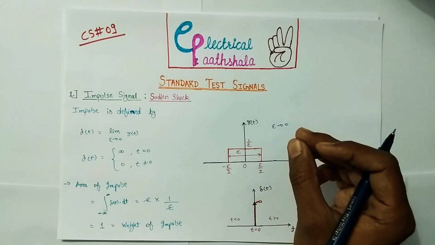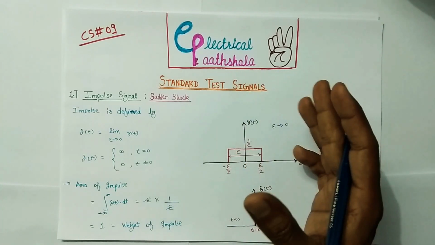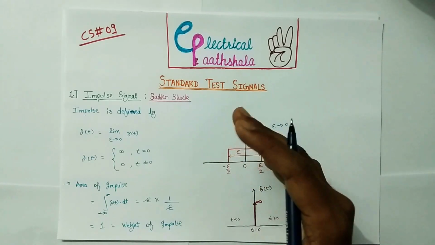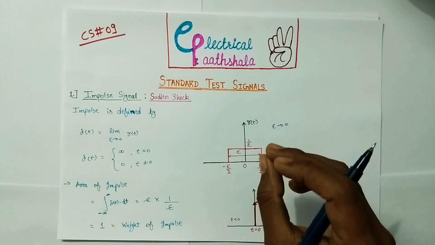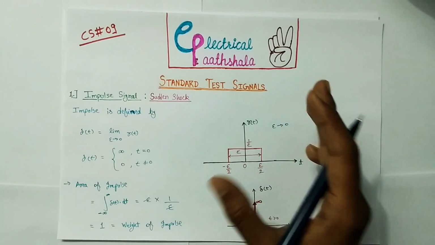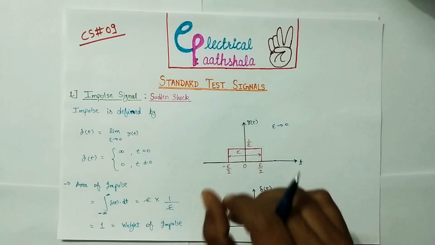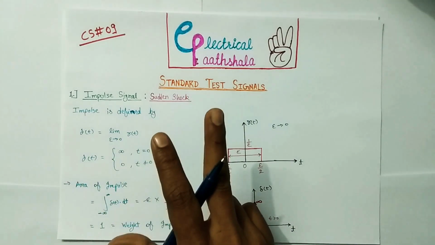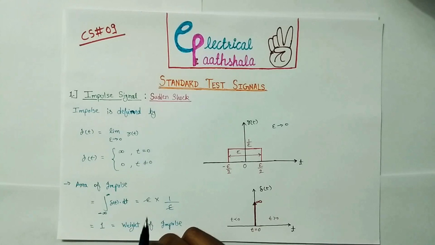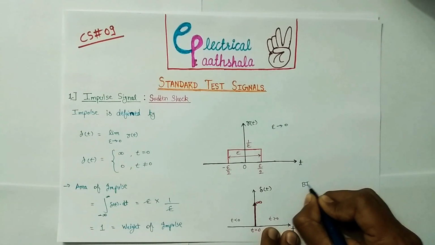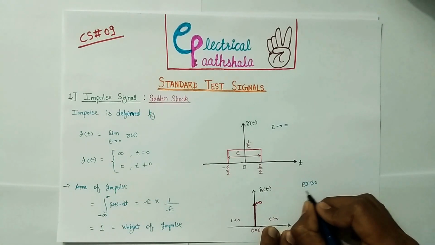But if the system recovers from that shock and regain its initial working state, then we say that the system is stable, and this special ability of the system to recover from a sudden shock is known as stability of the system. Now stability is defined under bounded input, bounded output criteria.